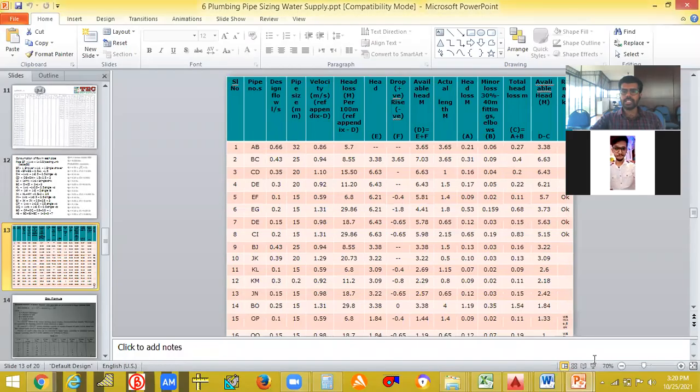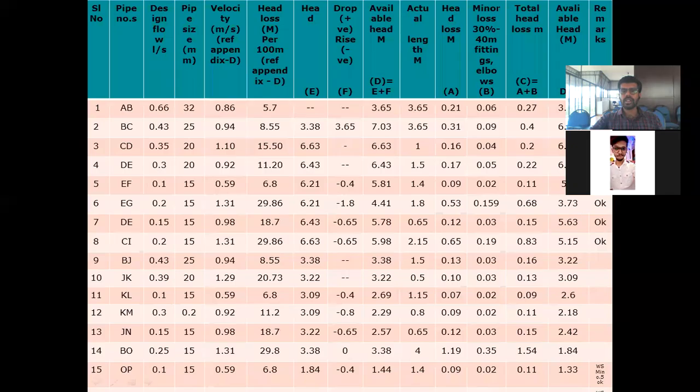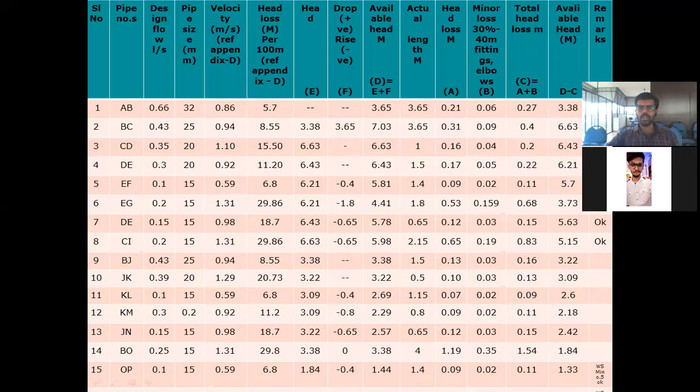So I believe you can see the chart, right? Yeah, this is the chart. So you have pipe numbers, or node. You can write pipe node.